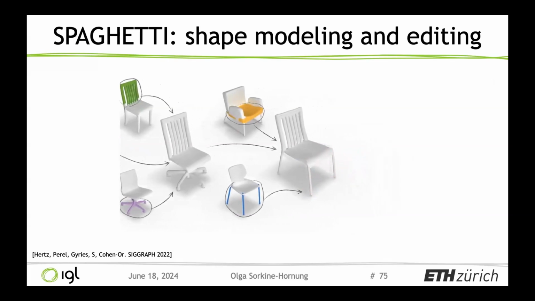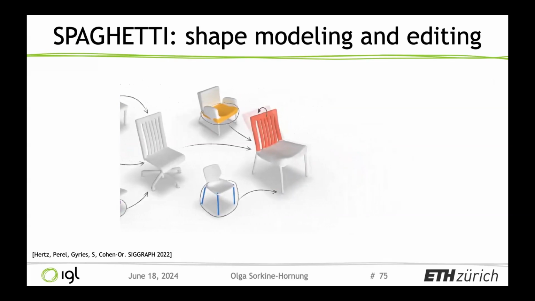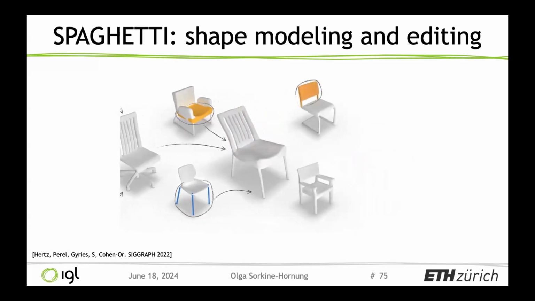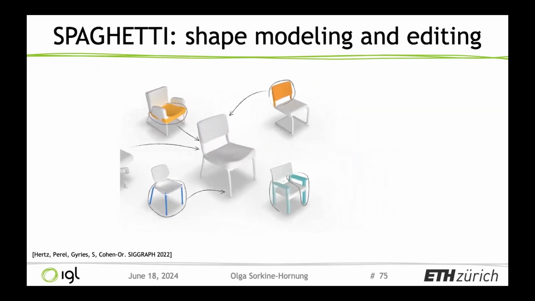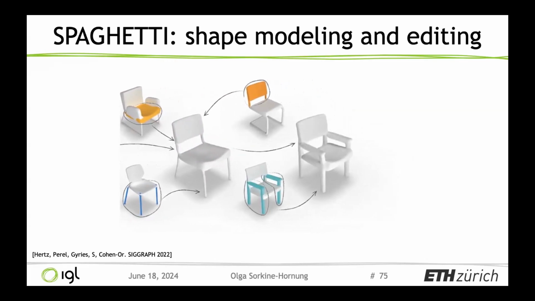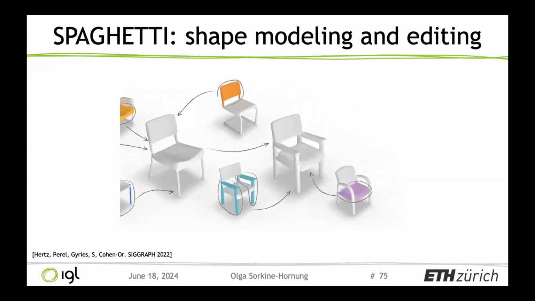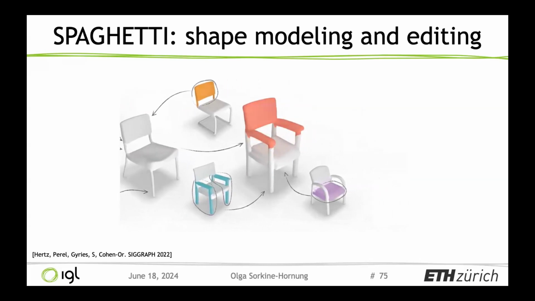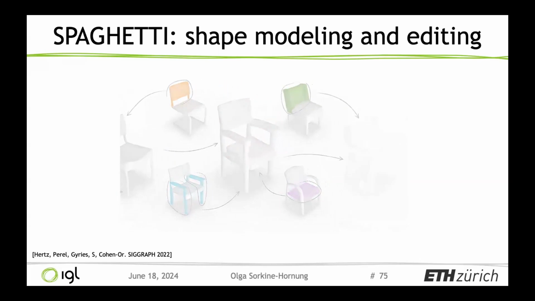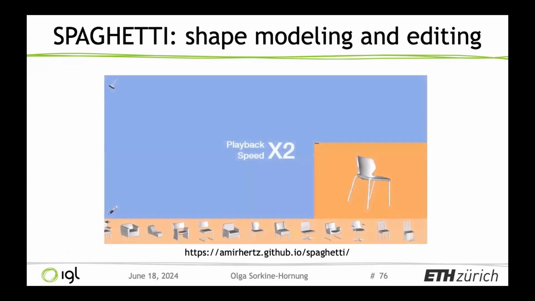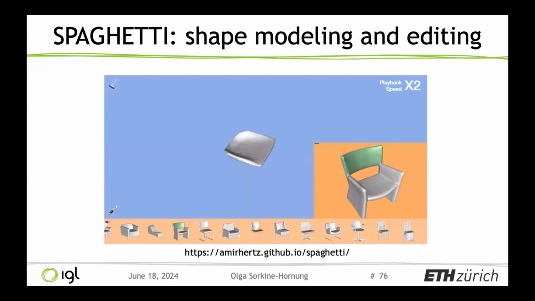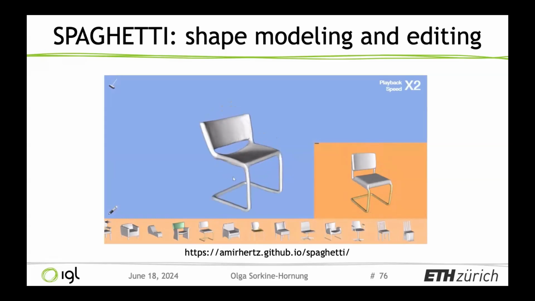Only now the relationships are not hand designed; they're learned automatically from data. So you can design different legs for your chairs, different seats. You can move things around, and features are rearranged according to whatever relationships that were extracted between different shape parts in the network.